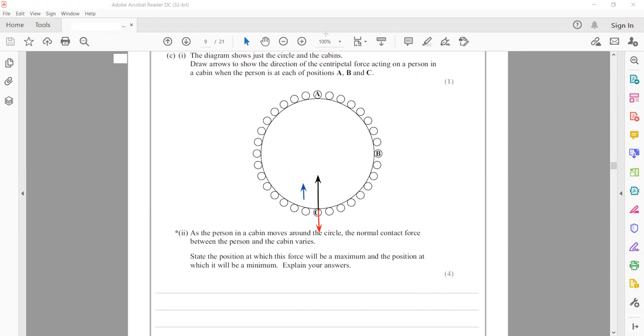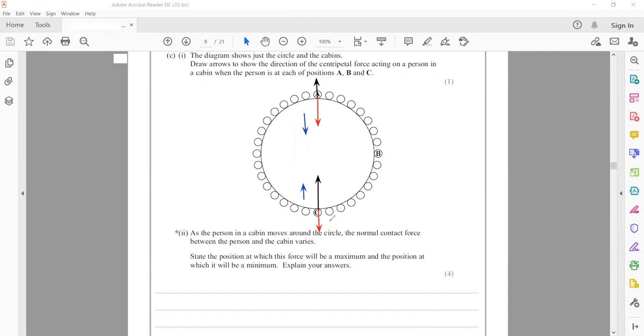And in the same way at point A, the weight is acting down, and the normal contact force is acting up. So what will be the result here in this case? Because we want the resultant towards the center, as you can clearly see, to create a resultant towards the center, for position A the normal contact force is smaller, but for position C the normal contact force is higher.